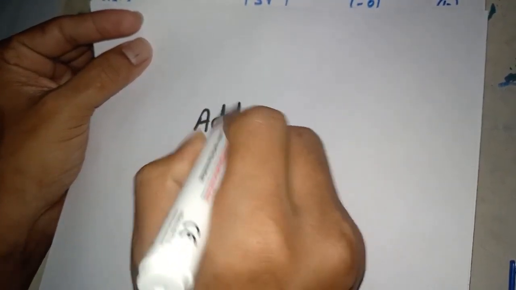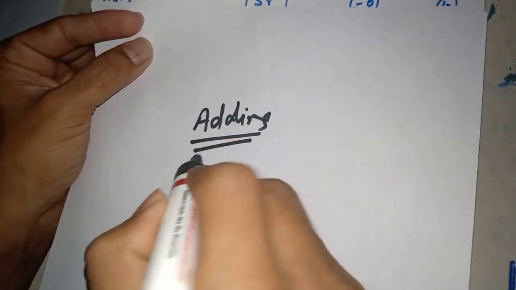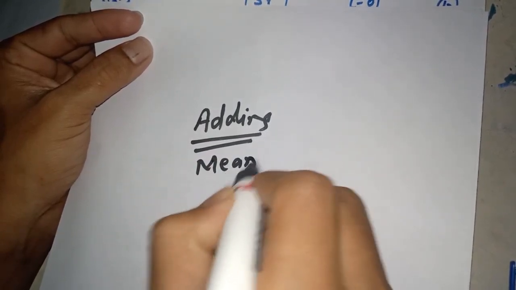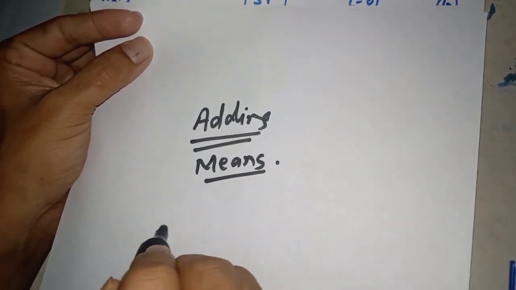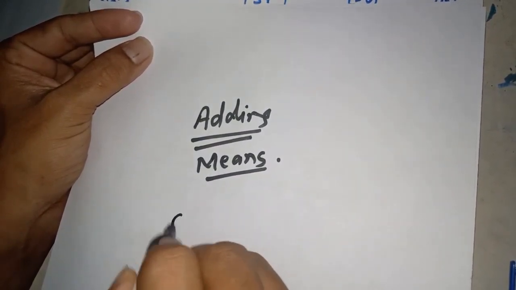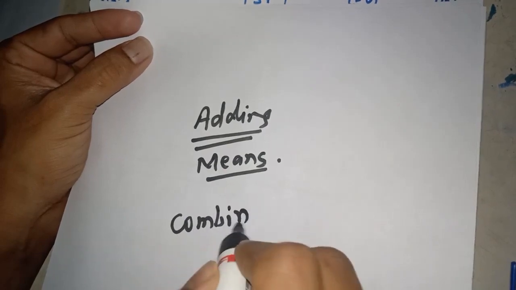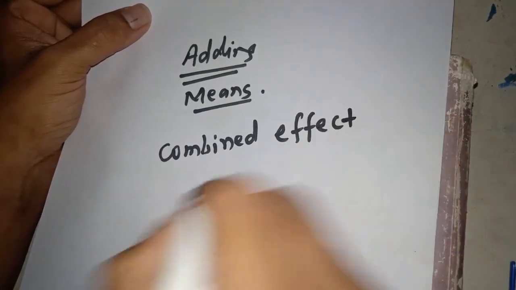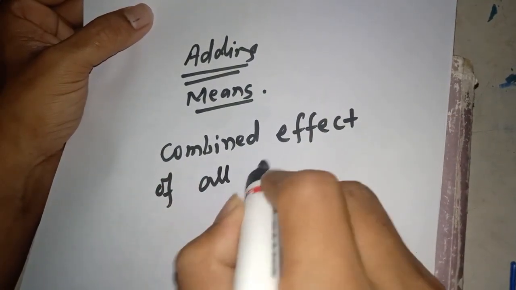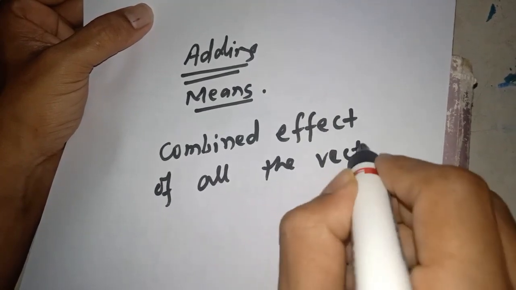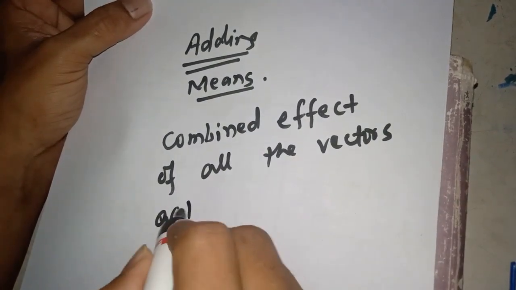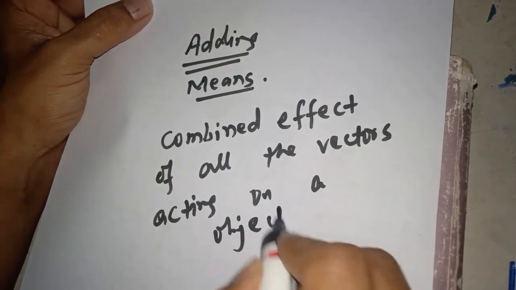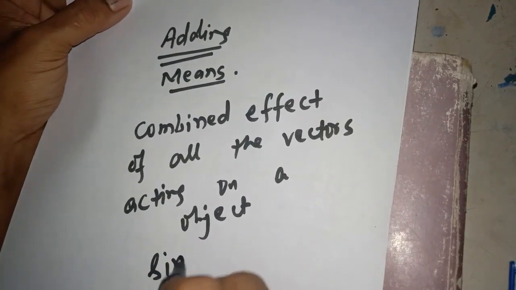So adding here means the combined effect of all the vectors acting on an object simultaneously.